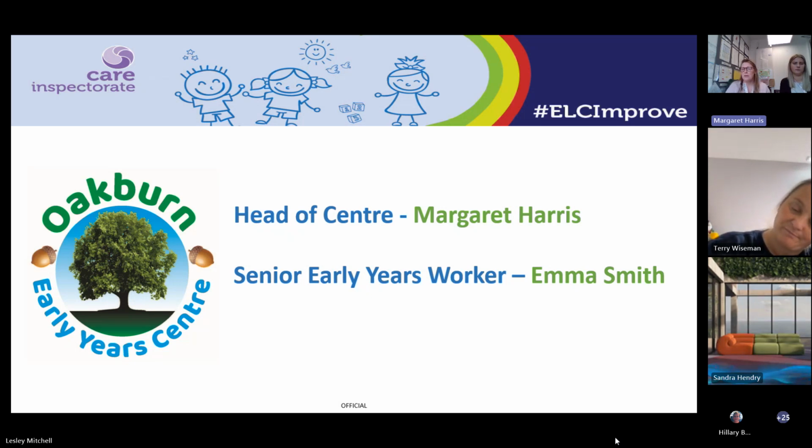If they want to find out more about something, for example, we recently had an Oakburn wedding, and that stemmed from 2 of the children who are very good friends wanting to get married. So the staff asked the children, what do we need to do? What do you need for a wedding?